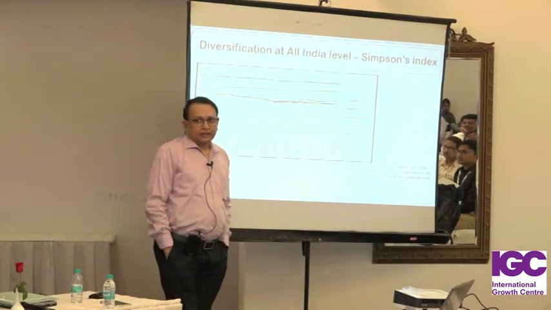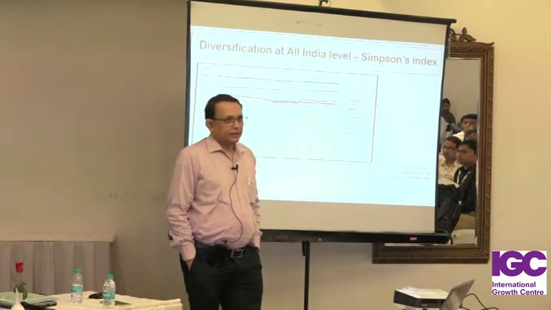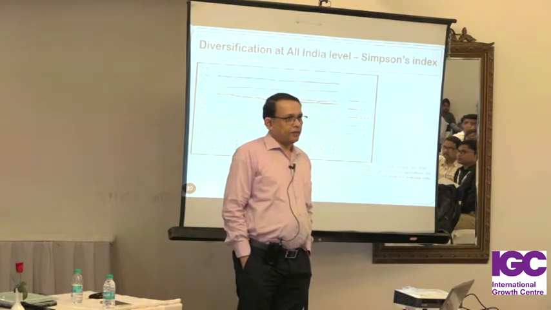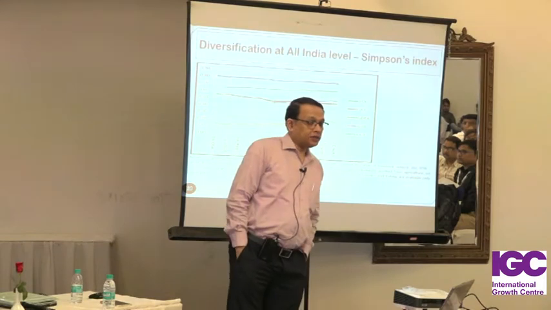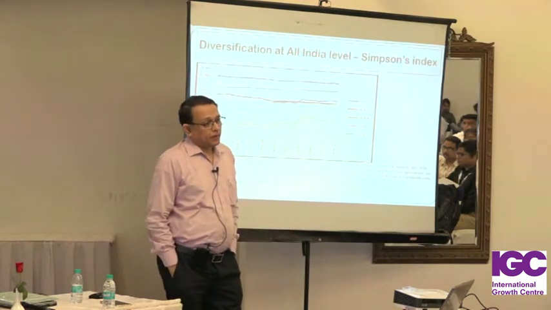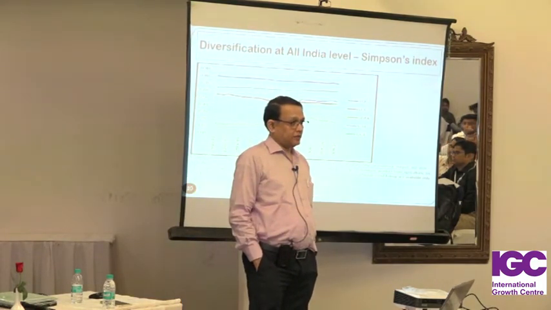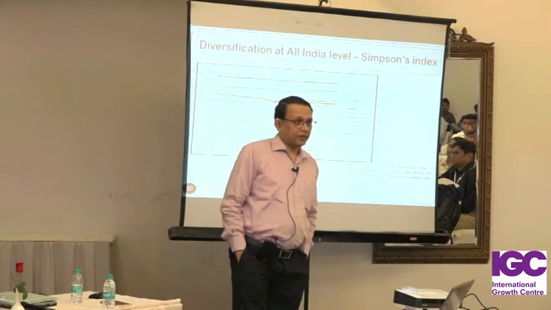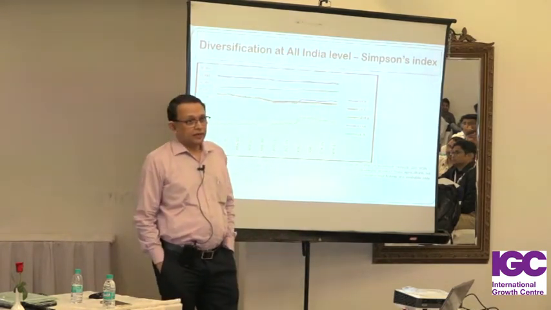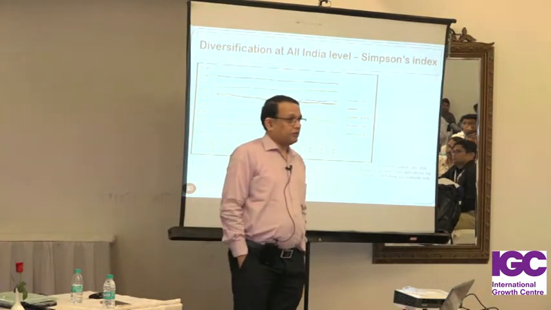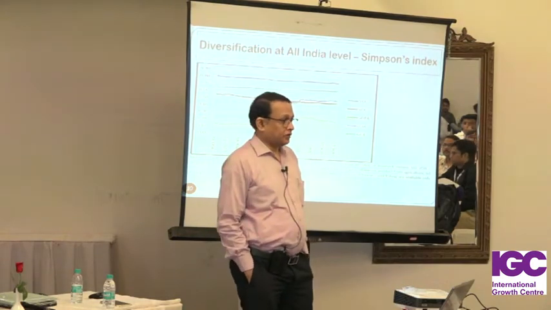The way to look at that issue is that every state has its own agroclimatic condition. The soil types are different, the amount of rainfall it receives is different, and so on and so forth.